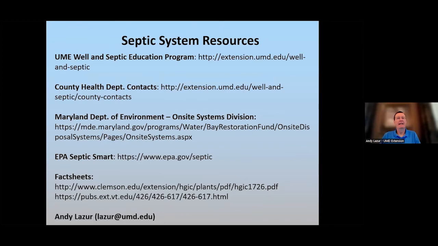So with that, I'll stop there and take any questions that you have. There's a wealth of information out there. And again, as I said earlier, there's not a lot of research that has tested different plants. But what you want is plants that are relatively shallow rooted over the drain field, and you can get creative.